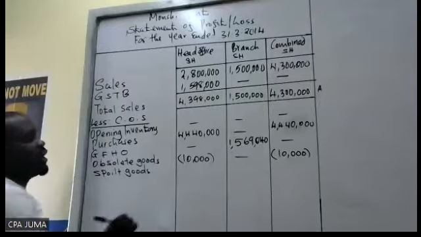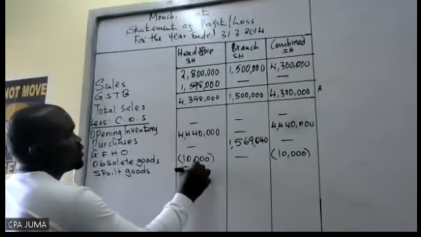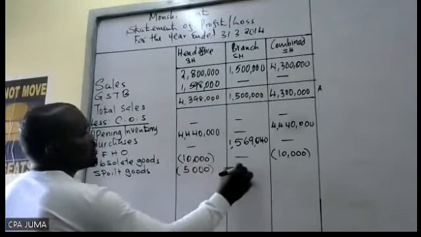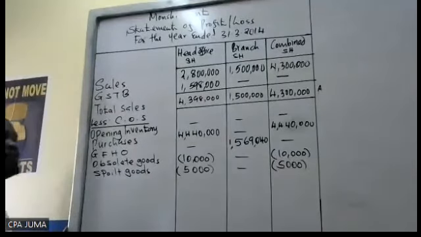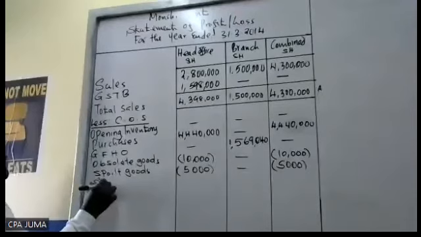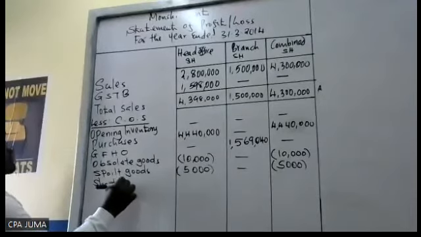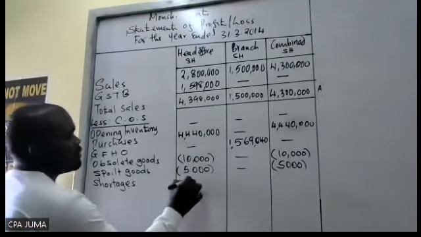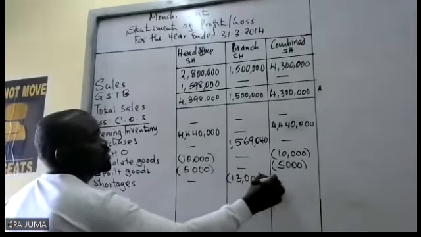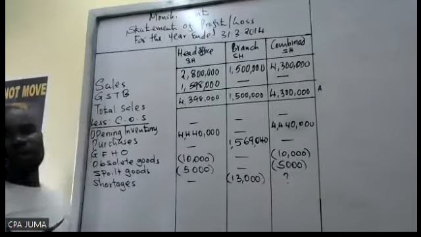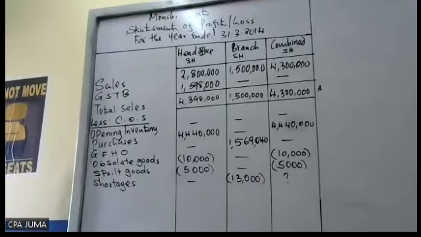Spoiled goods also in the head office, check bullet 2, 5. Then in the branch, there were some shortages. Bullet 3, 13. Don't post this one here. I'll tell you what is happening there.